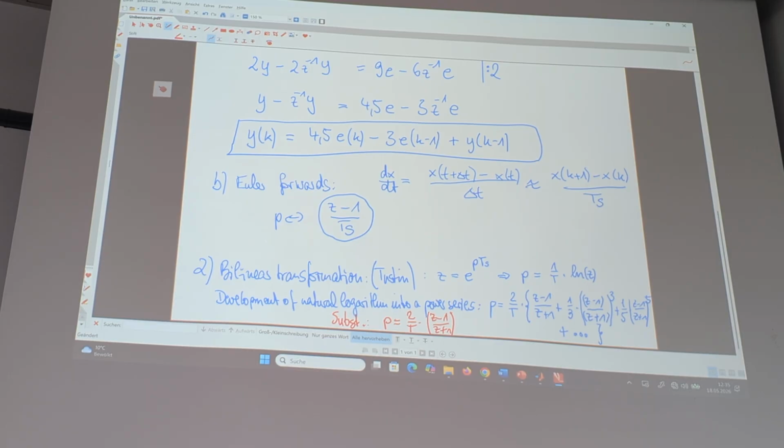And there are many more. If you reduce the sample time more and more, then in the end they will all lead to the same result. But if you design the controller in a discrete way, then it can sometimes be helpful to play with the different approaches to get the best result that you would like to achieve.